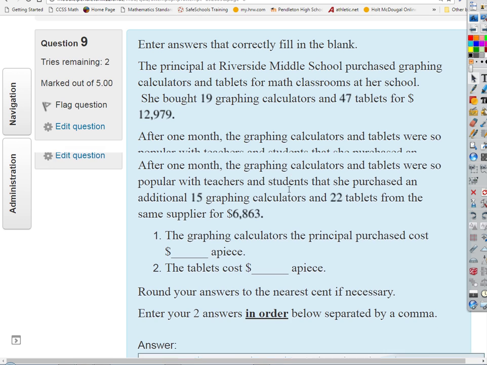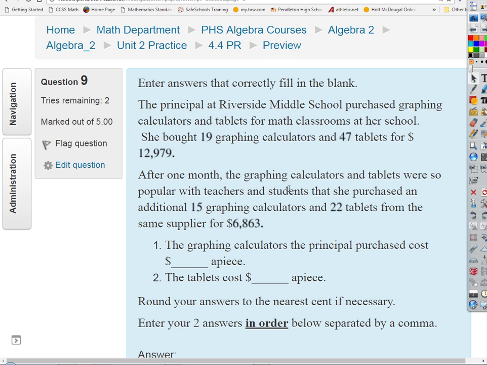Okay, what about this? Similar kind of problem here.